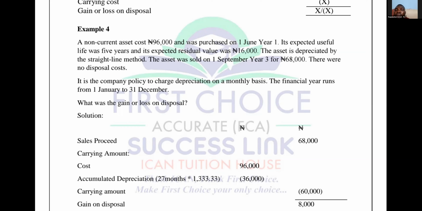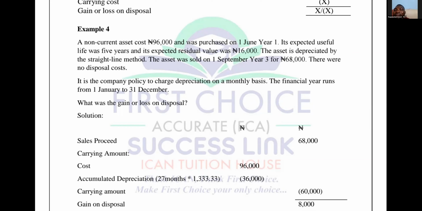It's good to go. Now, the first thing you need to know is what is the sales proceed? What is the value received or value placed on the asset? That's what we call sales proceed. Now, if you read it here, they said that the asset was sold.